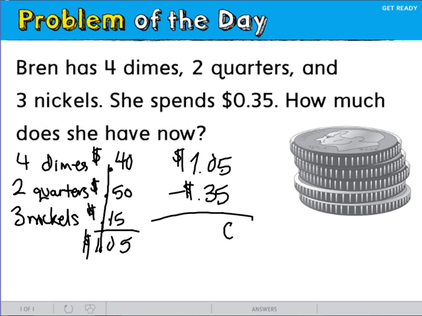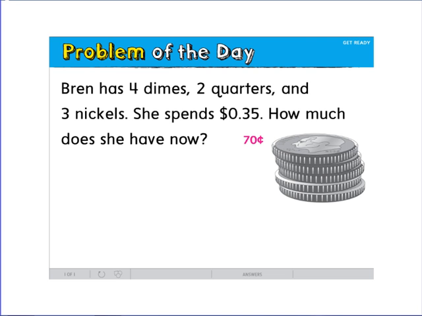Okay, 5 minus 5 is 0. I cannot subtract 0 from 3, so I regroup. So my answer is 70 cents. All my decimals are in line right there. Okay? Yes. Very good.